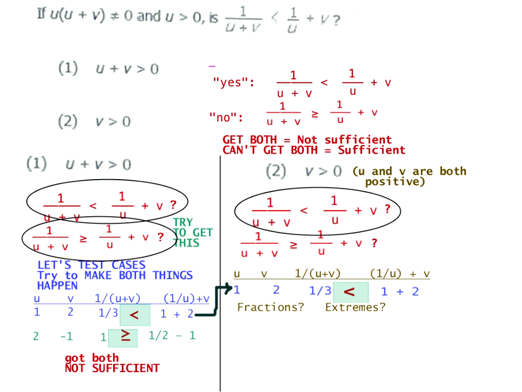Let's just go for broke and call it 1 over 100. So 1 over u plus v is 1 over very close to 1, so it's 1 over a little bit more than 1. So that's a little bit less than 1.